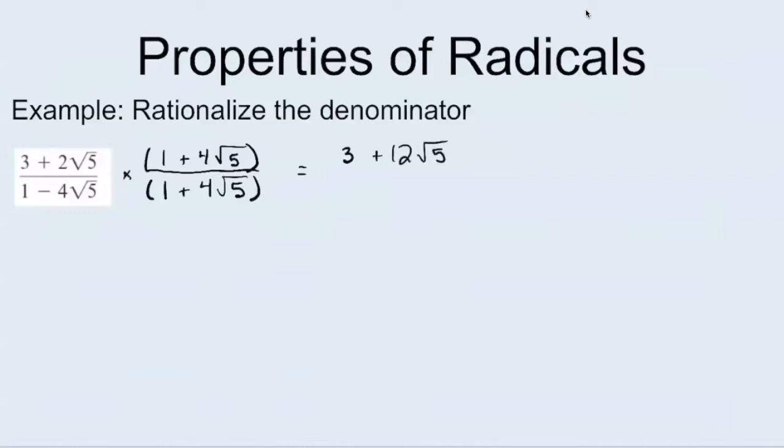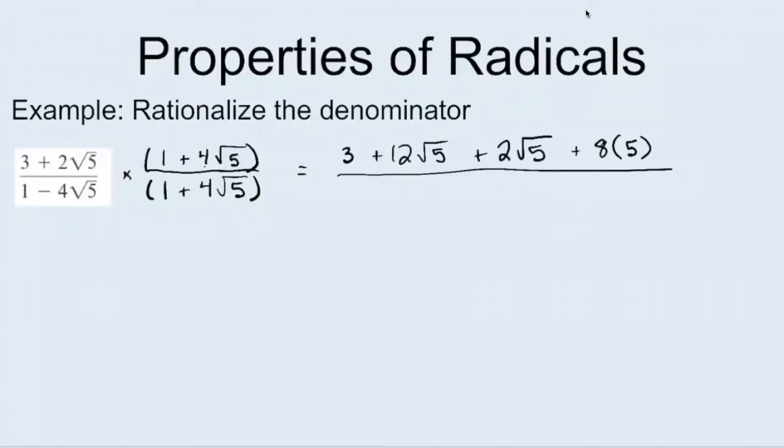And then you've got 2 root 5 times 1, so that's plus 2 root 5. And then 2 root 5 times 4 root 5, which is 8, so that becomes plus 8 times root 5 times root 5 is 5. Any radical times itself.